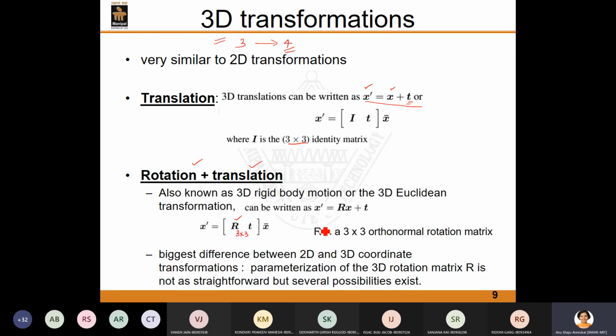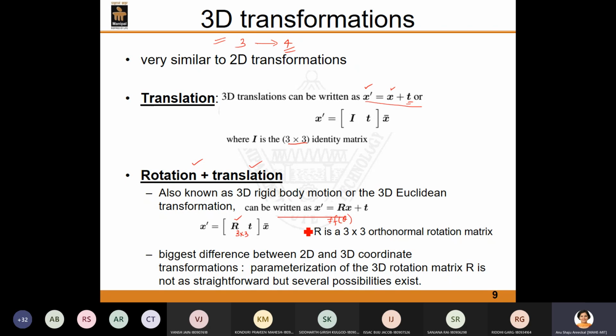But here this R, you cannot say that it is a function of theta. I can say it is not a direct function of theta, in the sense that if I go for a 2D space, just by using cos theta, minus sin theta, sin theta, cos theta, I can represent the rotation matrix, right? So all the elements in the rotation matrix are in terms of theta.